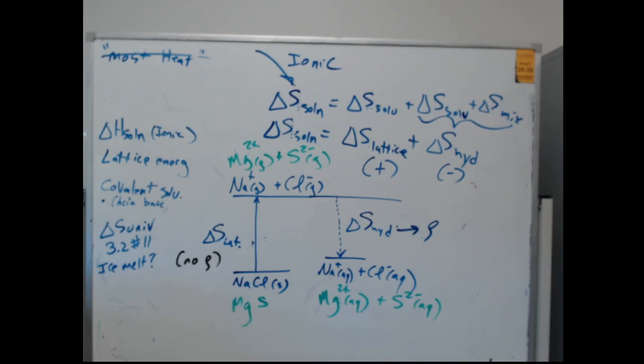Question? When you were explaining why the entropy of hydration is more related to charge density, you said that it was more similar to water, or did I mishear that? No, it was because in the hydration process, water is being pulled in and organized around the ions. A higher charge density can attract more water molecules, and the technical term we use is the size of the solvation shell.